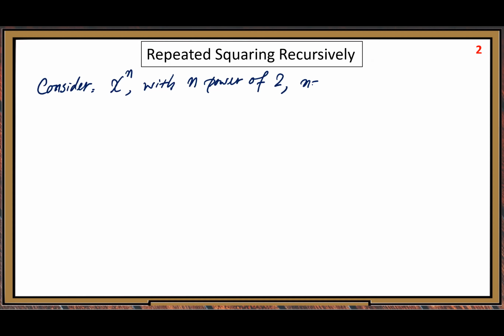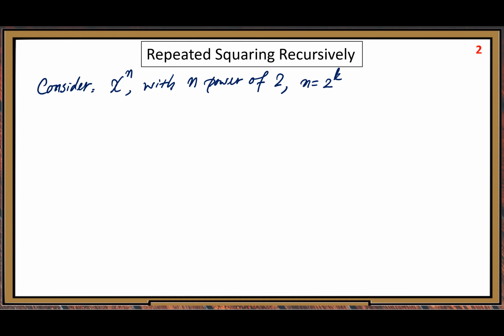That means n equals 2 to the kth power. Because in that case, we can take advantage of that square structure again and again, for k times.